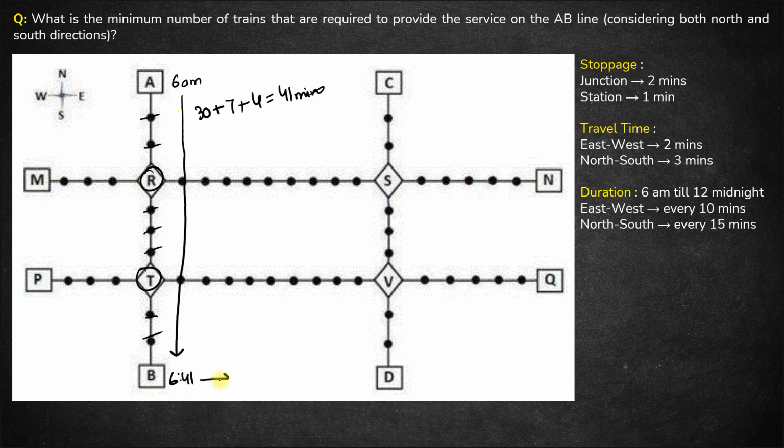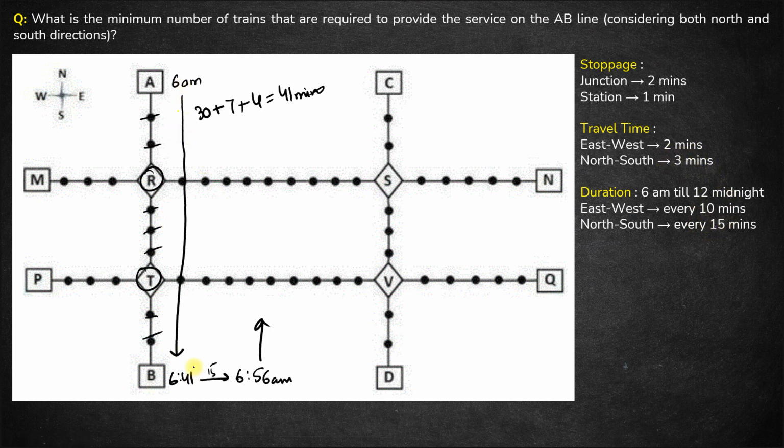And this same train will have to wait for 15 minutes. So the earliest that this train can start from B towards A will be 15 minutes after this, which is at 6:56 AM, right? So this train can start. So if this is the first train that can start from B, and in the north-south direction you have a train every 15 minutes.